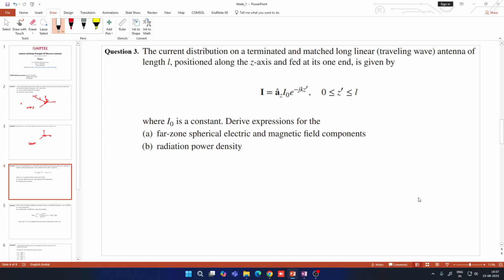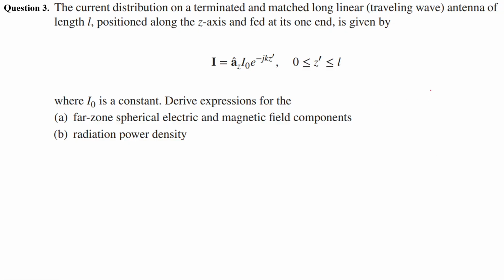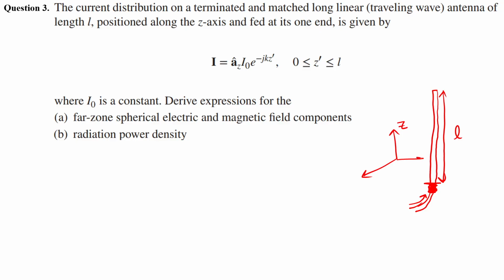If I have to draw this antenna structure, it will look something like a wire, at one end of which some kind of connector, say an SMA connector, is connected, feeding it with microwave energy. So this is the wire antenna of length L oriented along the Z direction. I hope this question is clear.